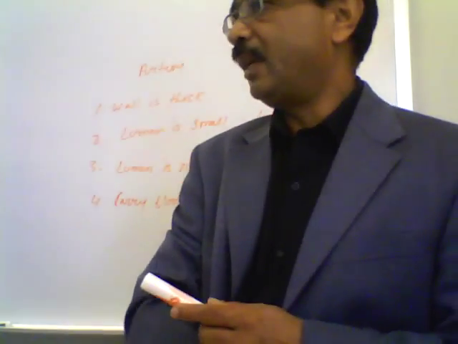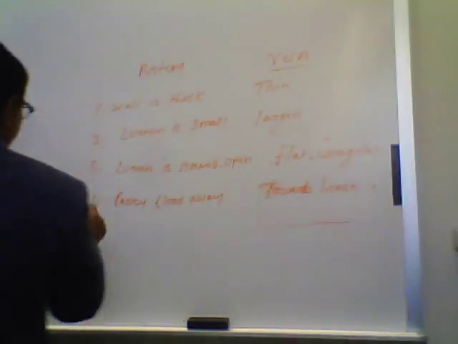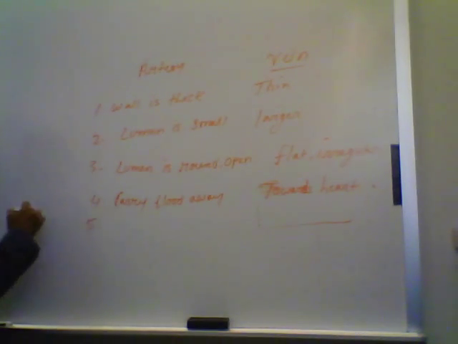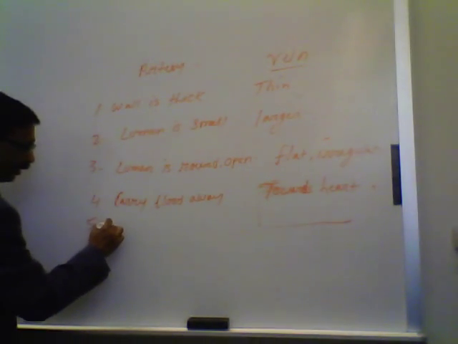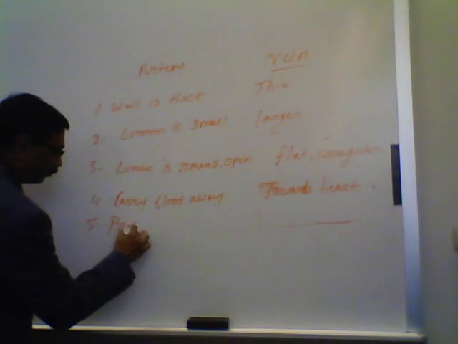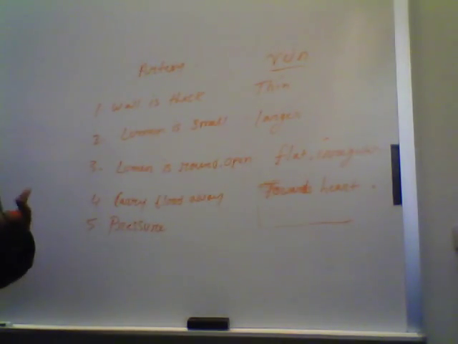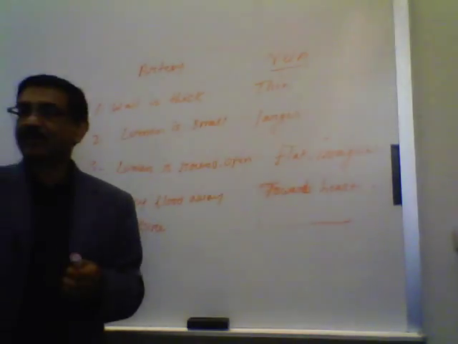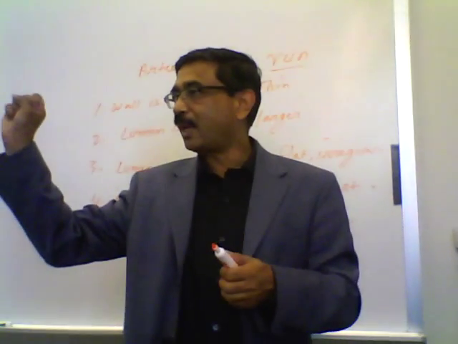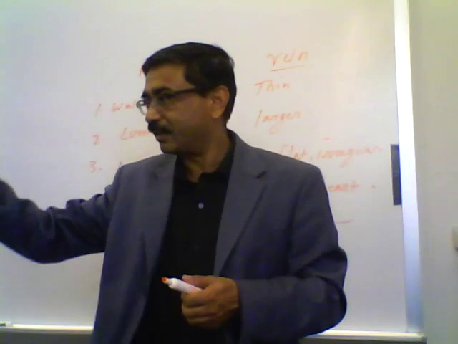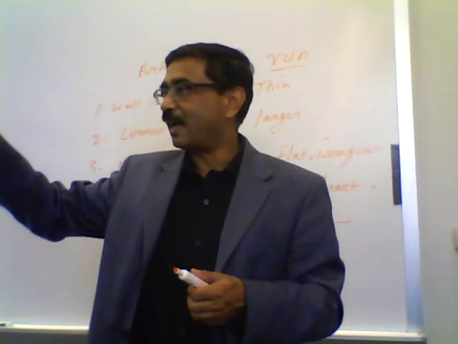Another difference, this is also important. Inside the artery, the blood pressure is high because arteries receive the blood from the heart. When heart pumps, you see when your heart pumps, blood enters into what? Arteries, right? So the pressure is high.